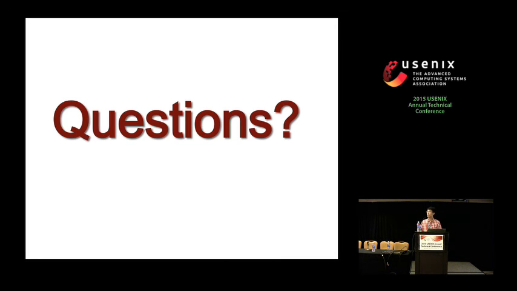So I have a question about your applications. You classified polluter and victim at the application granularity when you did your evaluation. Am I understanding that correctly? Yeah, you took the entire application.